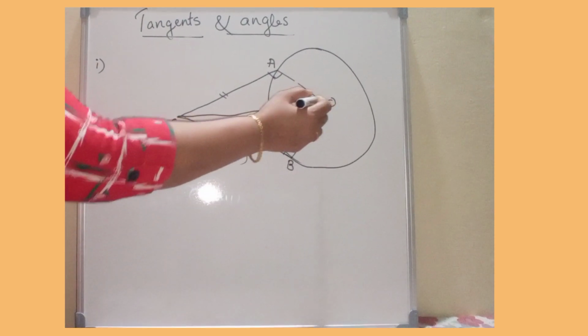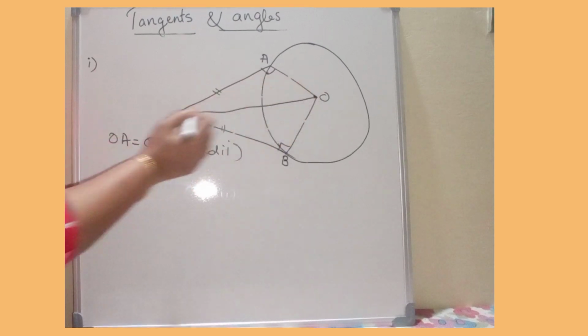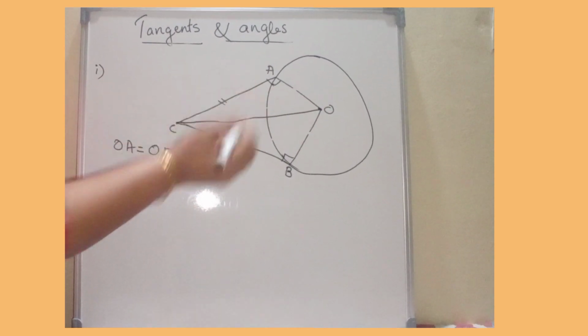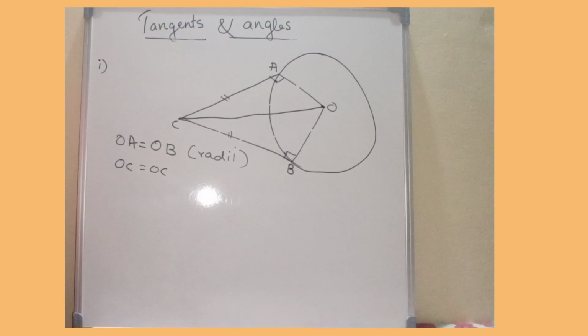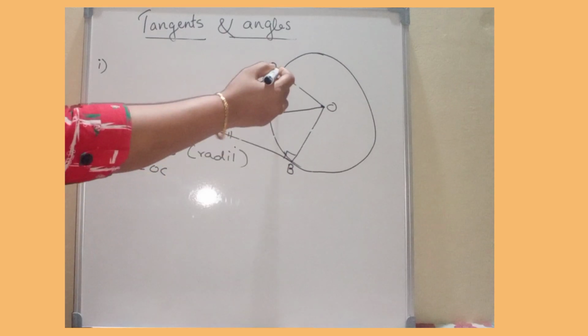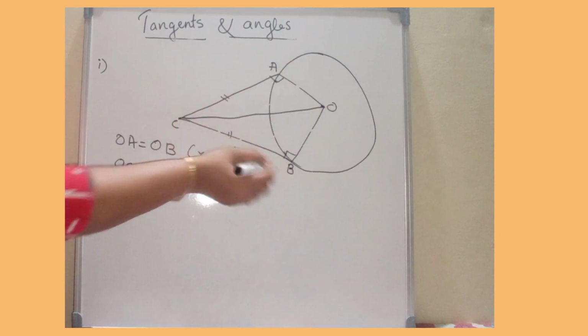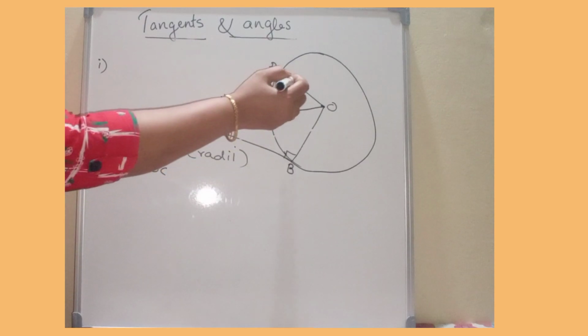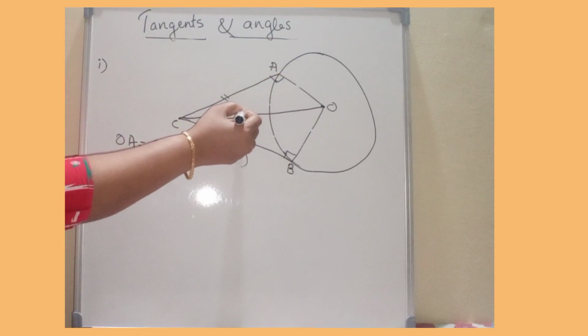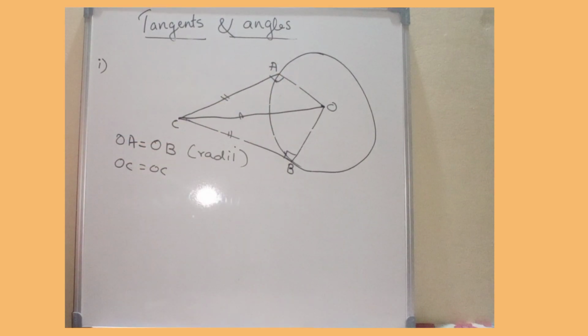And next, OC is a common side of both triangles. So we have OC equal to OC. Reason: common side. And both triangle OAC and triangle OBC are right triangles. OC is the hypotenuse of both.